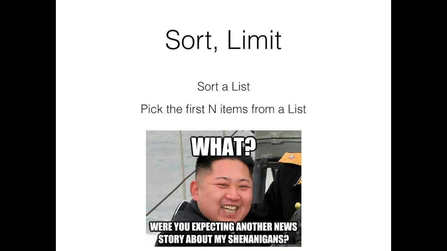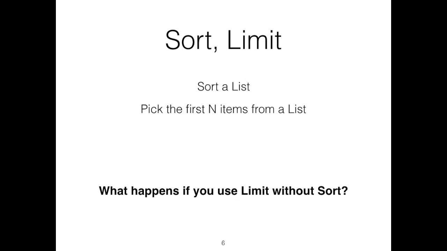Any questions? All right. Random question. What would happen if I had a limit operator read in a bag? Would it sort internally first? So how would it do that? The limit operator is defined as give me the first n items.